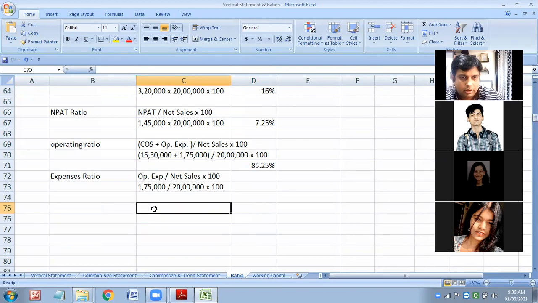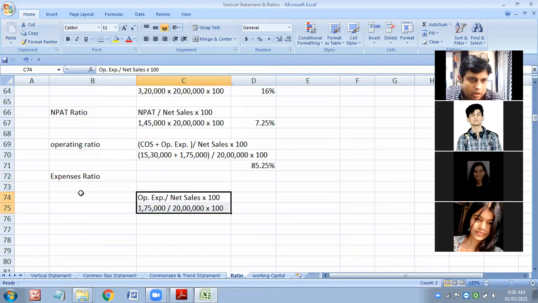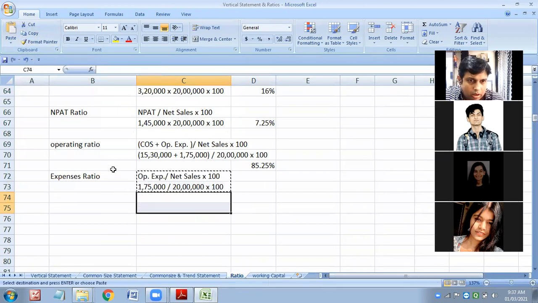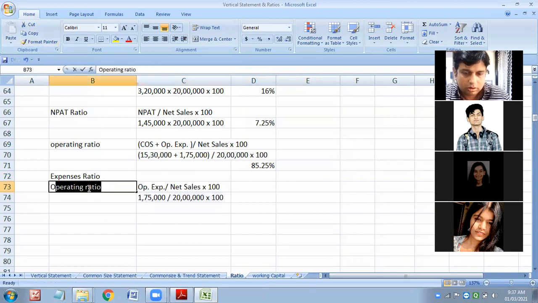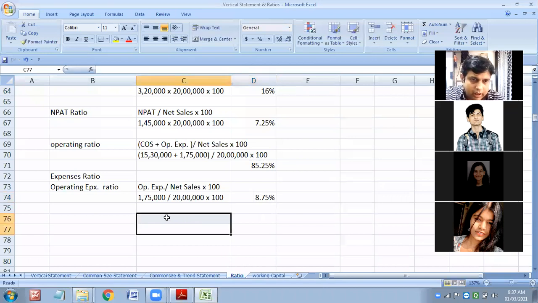So this is the operating expense ratio, which is coming as 8.75%.